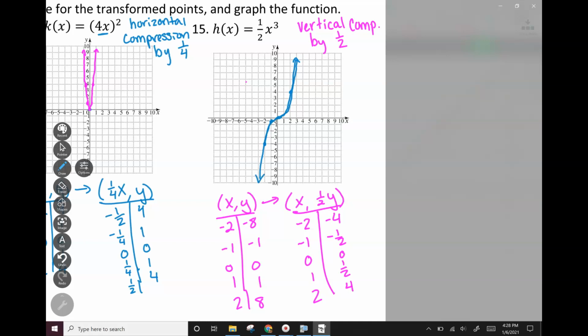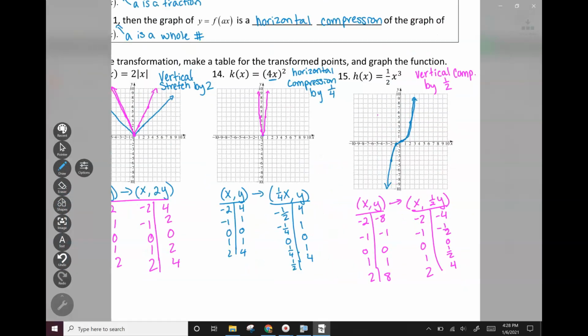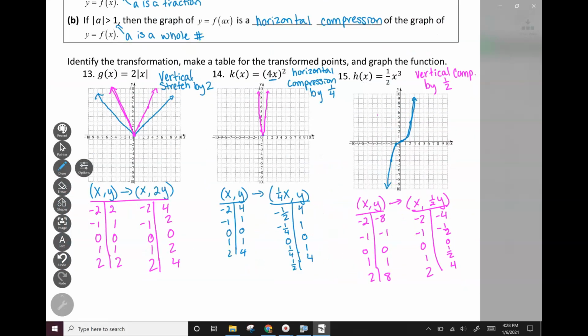Okay, there it is. Looks pretty similar to your parent function, but it did get vertically compressed by 1/2. All right, next page.